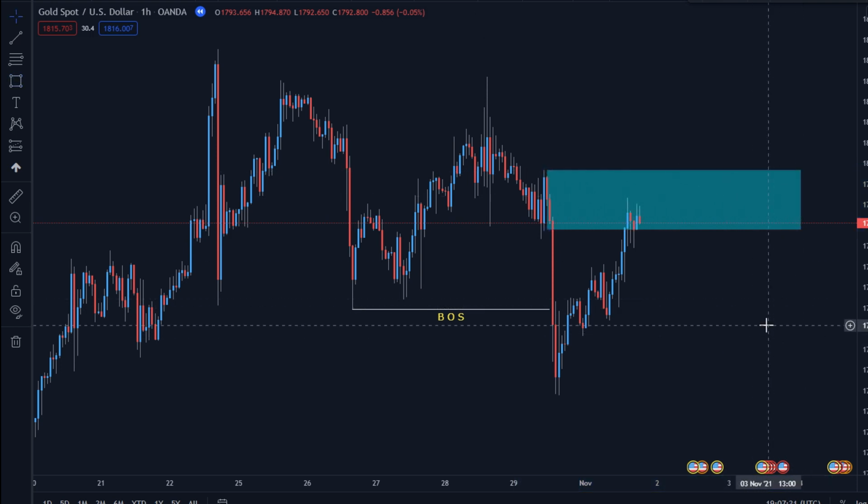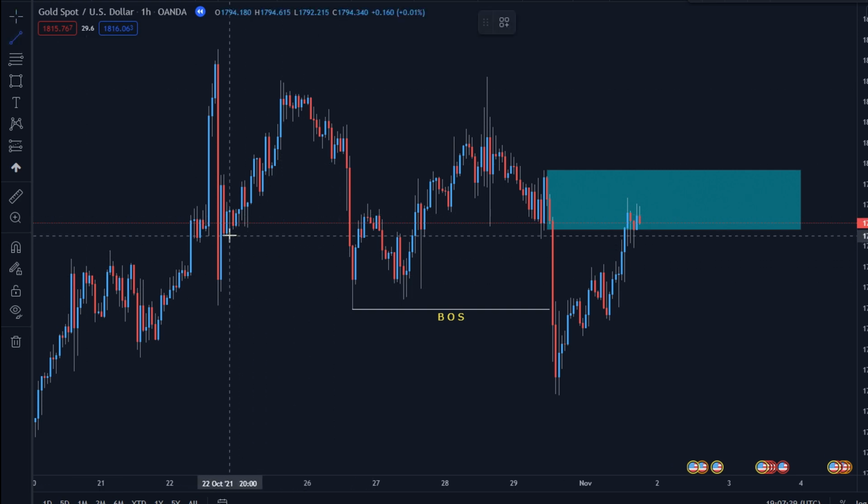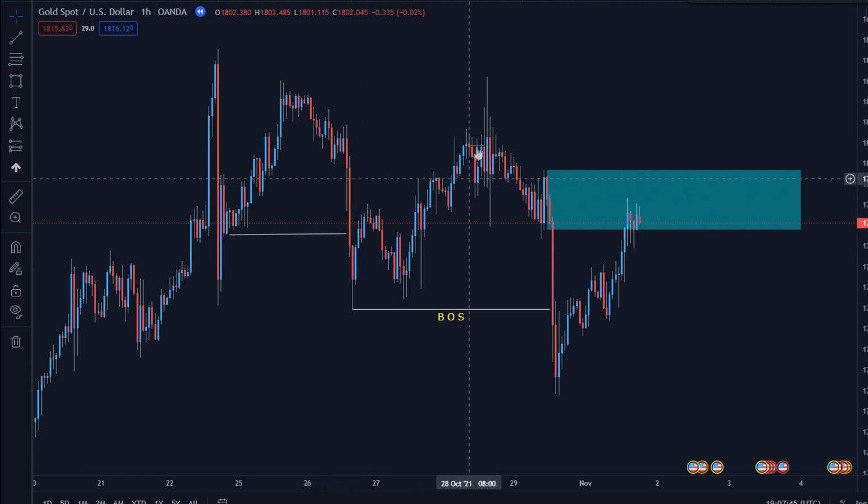The market always repeats itself. This is something you guys have to bear in mind. If you look here, we had some structure here, right? Price broke through it, went up, a bit of manipulation, and then it went down.